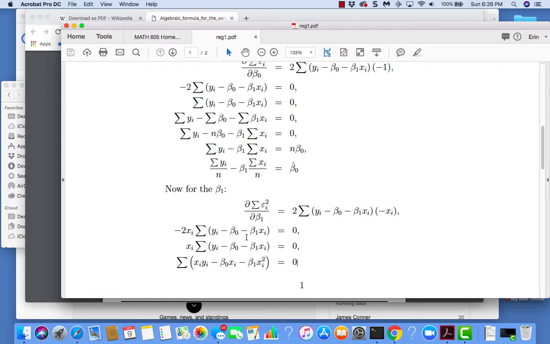Here again, I'll divide through by the minus 2. And I have x i on the outside times the summation of that same quantity equal to 0. Now I'm going to go ahead and push the x i through. So I'll have the summation of x i y i minus beta 0 x i minus beta 1, it's x i times x i, so that'll be x i squared equal to 0.